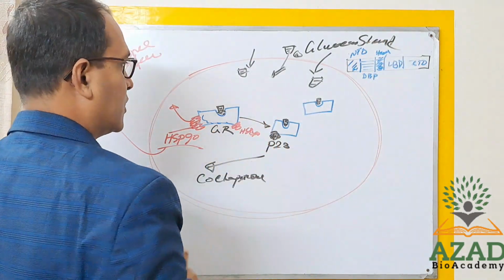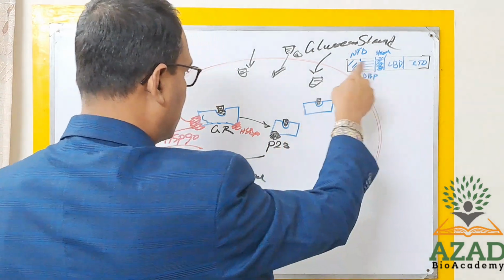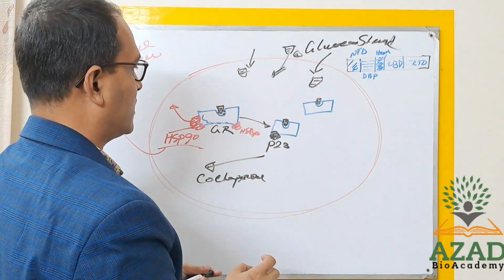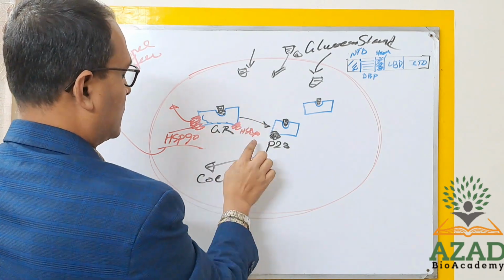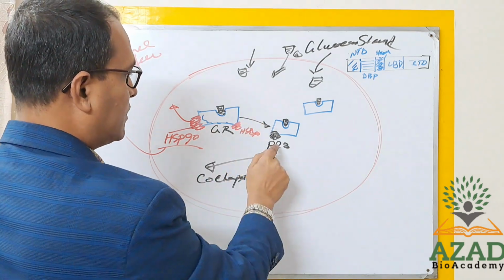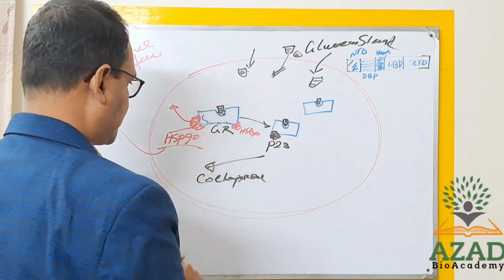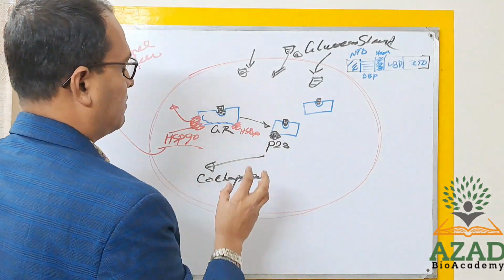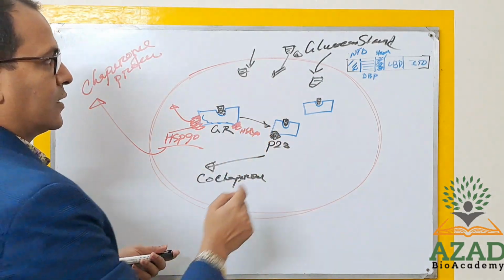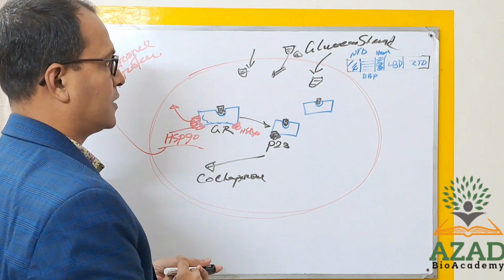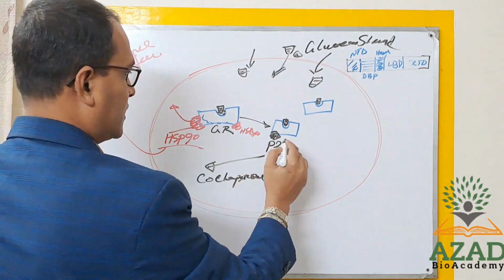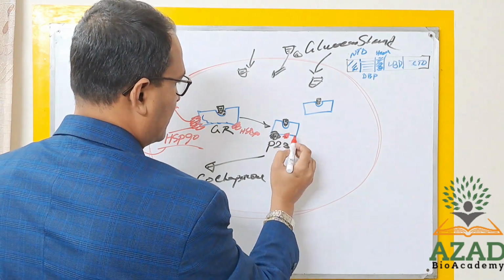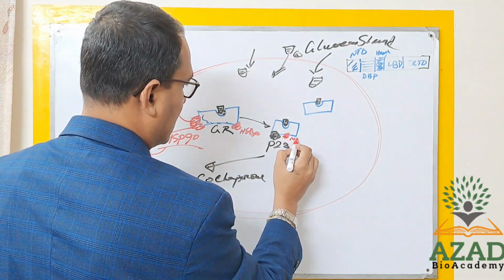Okay, so this is a nuclear receptor, and it is folded in that way, so that the domains are there. Okay, so the ligand binding domain already, the ligand is bound, already attached with the pocket, and now what will happen, the P23 will express a particular sequence in the N-terminal region. That is, here I can draw, this is NLS.